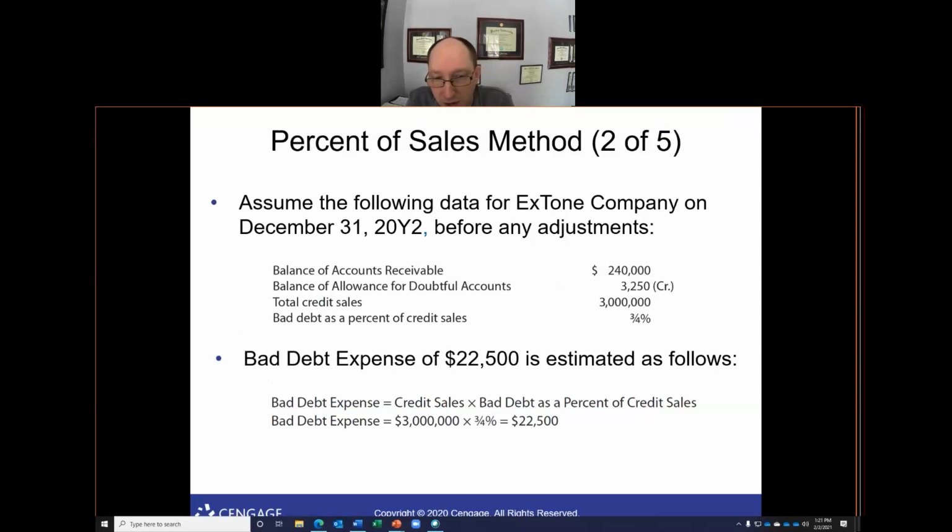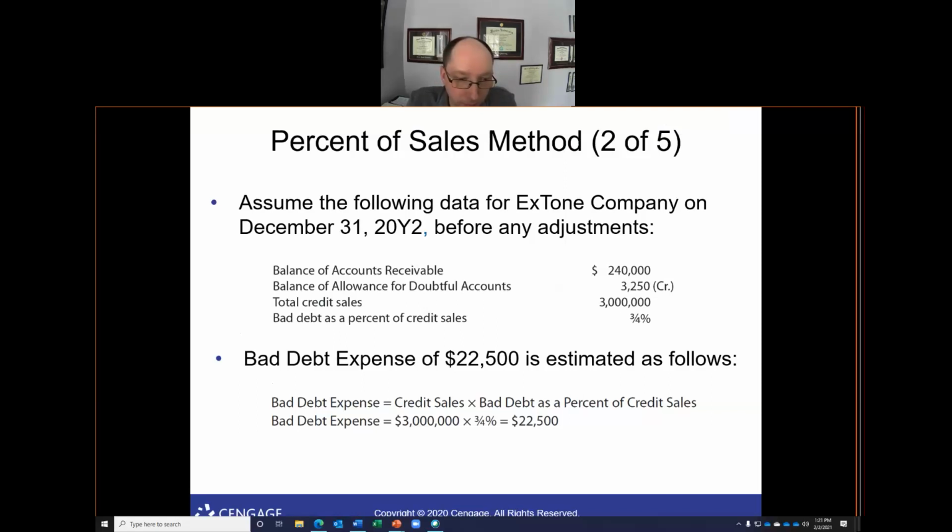Bad debt is a percent of total credit sales, 0.34%. So I expect that we won't be able to collect 0.75% of our total accounts receivable.